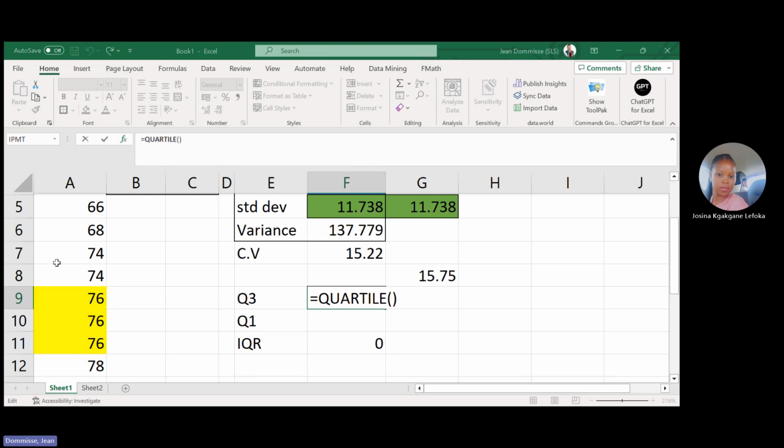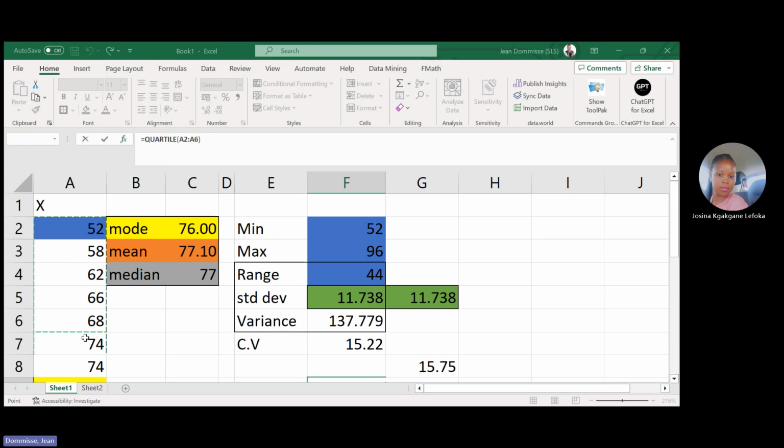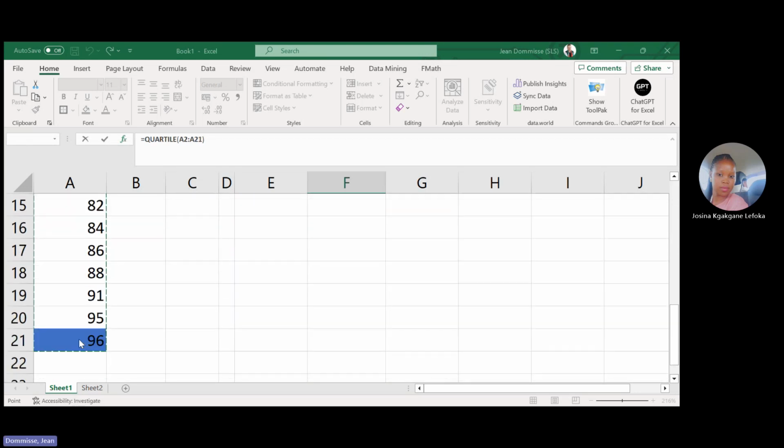So they say, let's just put in the array, and this number basically that we need to include here. So we want it for quartile 3.